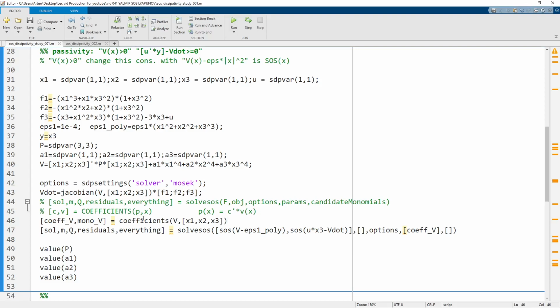What we are trying to do is determine the coefficients of V of x, which are the variables that we tune, numerically. And then we use solve SOS.